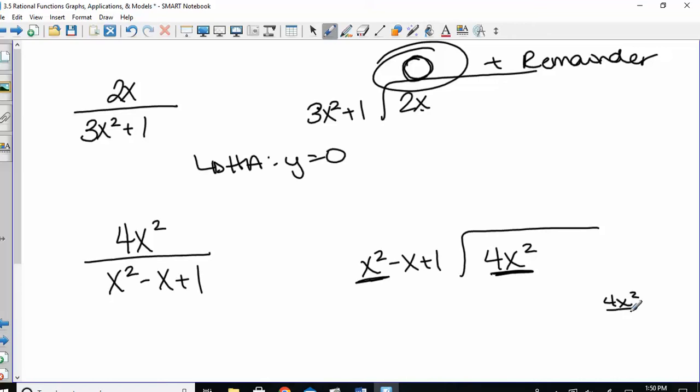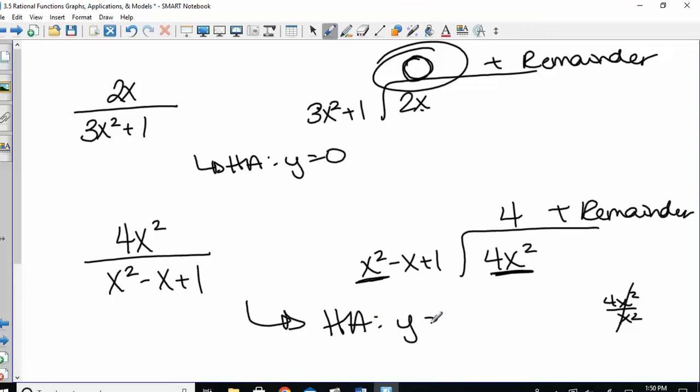Yeah, if I said 4x squared over x squared, you just get 4, right? And then this wouldn't work out evenly, so we would have our remainder again. But this one has a horizontal asymptote of y equals 4. Since it was the same degree on top and bottom, we divided the leading coefficients, 4 divided by 1.